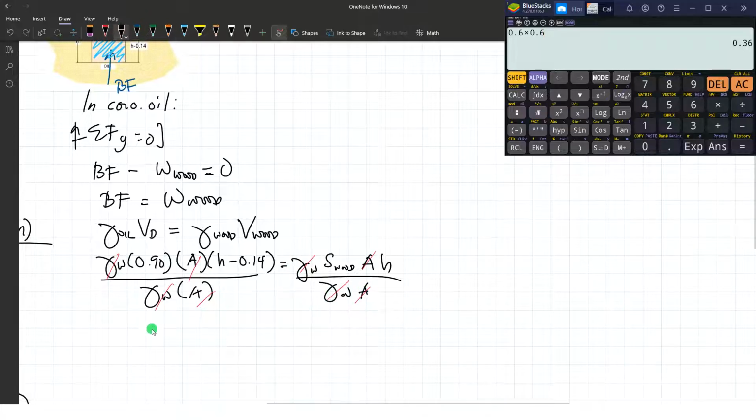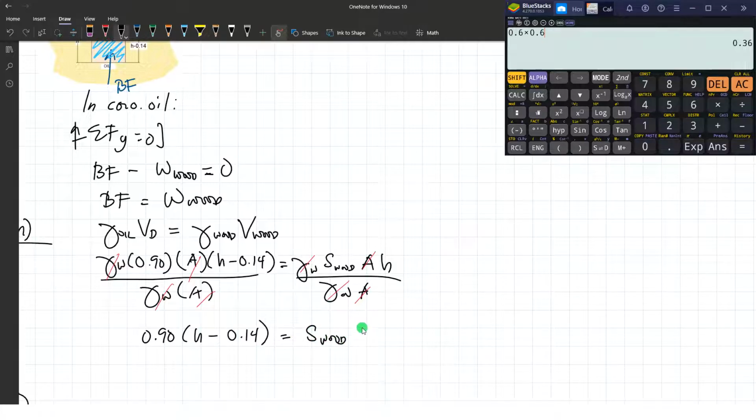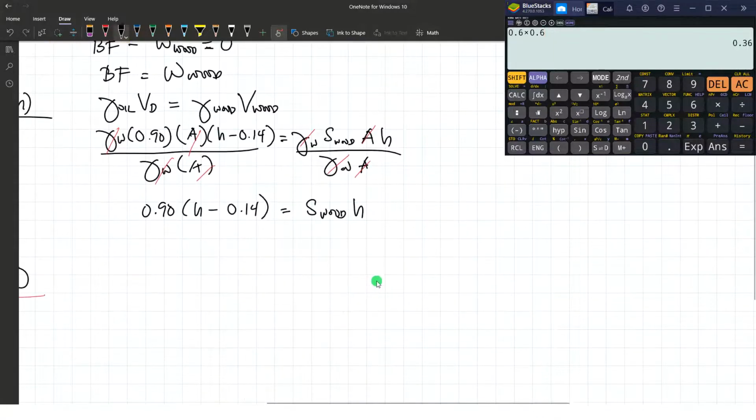What remains is 0.9 multiplied by H minus 0.14 equals the specific gravity of wood times H. If we divide both sides by H, we have the specific gravity of wood equal to 0.9 multiplied by H minus 0.14 over H.